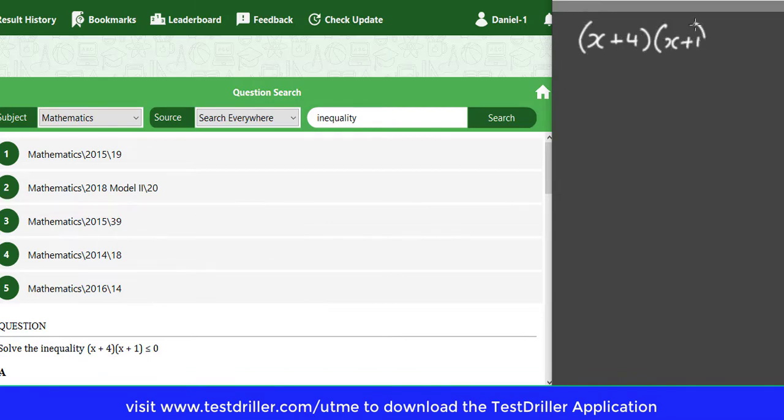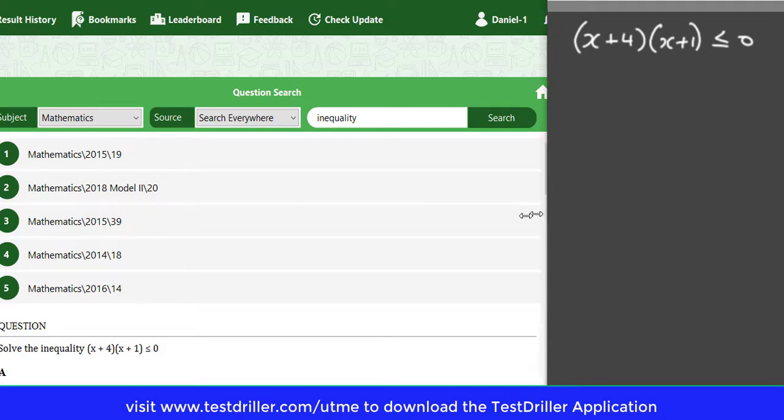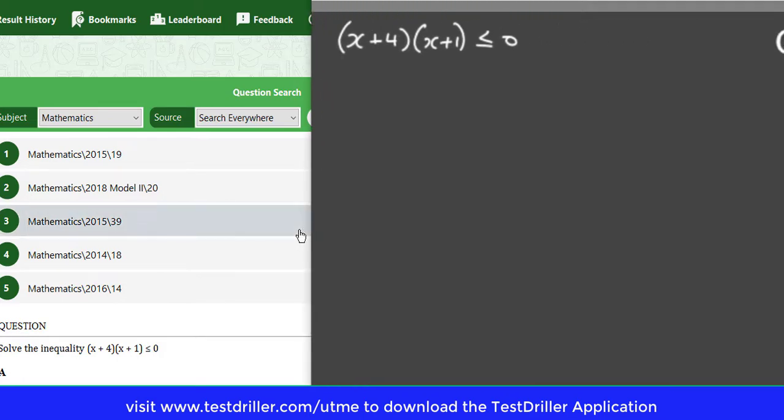Since this has been factorized already for us, the next phase is just to look for the value of x, with the assumption that we are dealing with a quadratic equation. So just assume that this is a quadratic equation, that is, equate this to 0, then try to solve for x.